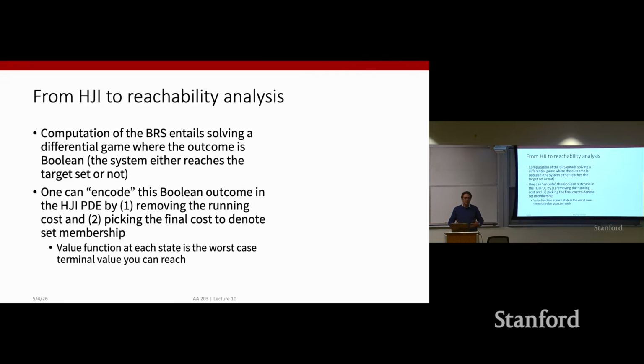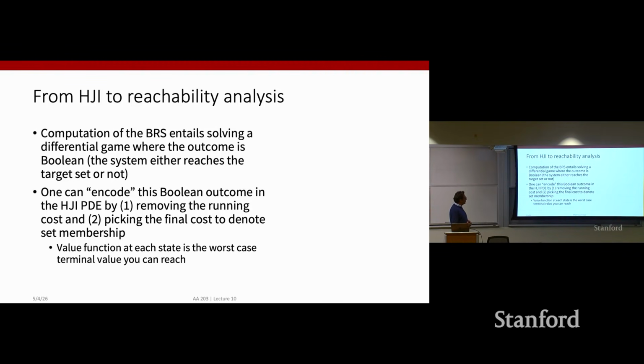So the question is, can we reframe membership to a set through the lens of a cost function, so that we can reduce everything to the optimal control formulation, to which we can then apply the Hamilton-Jacobi-Isaacs equation? And the short answer is yes.